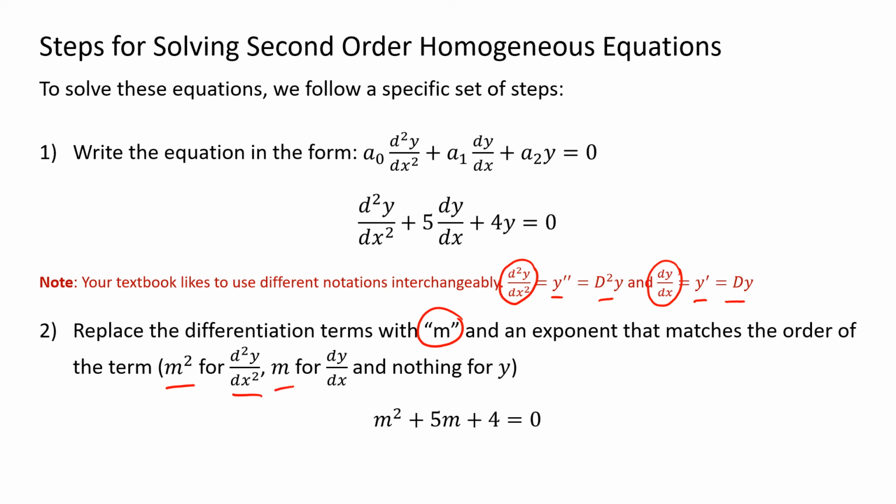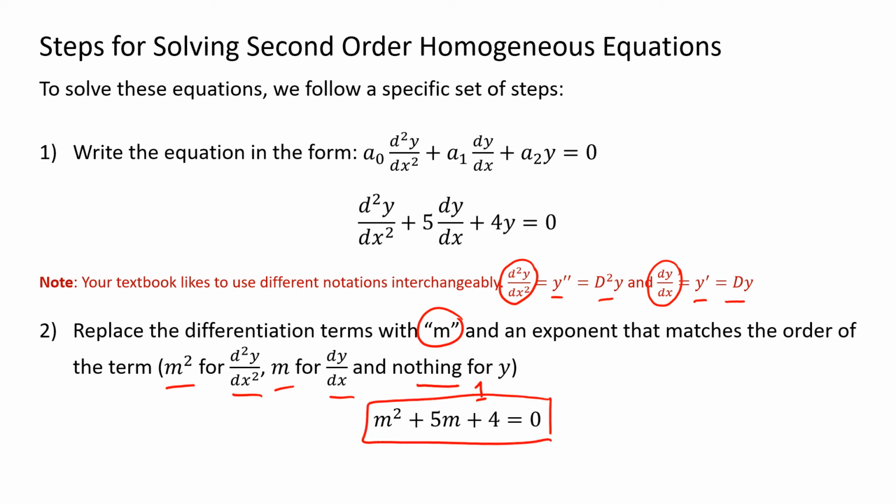You write just m for the first derivative, dy by dx, and nothing for y. You're just assuming that the value is 1. So if you do that, this changes to this form here.